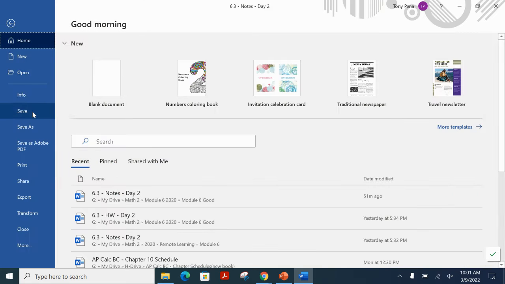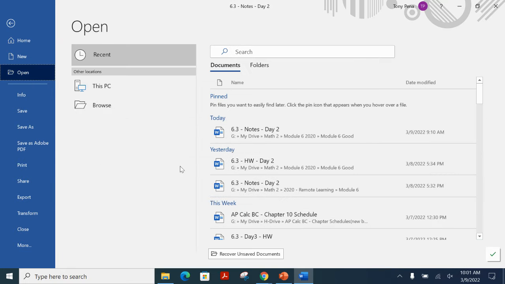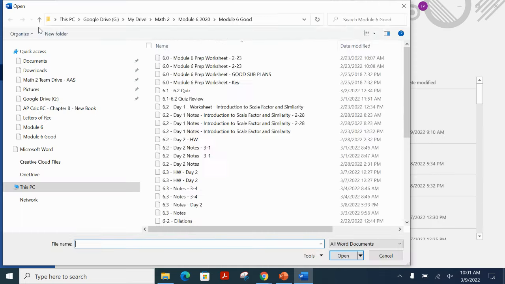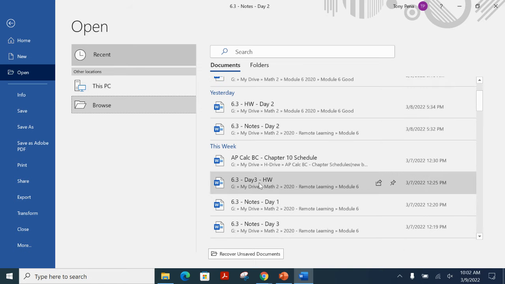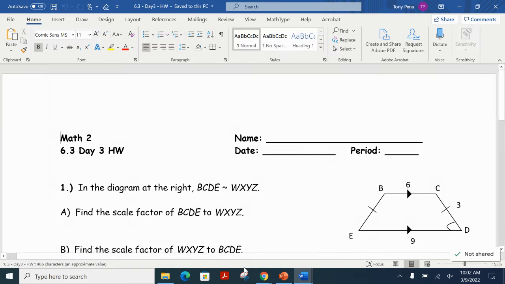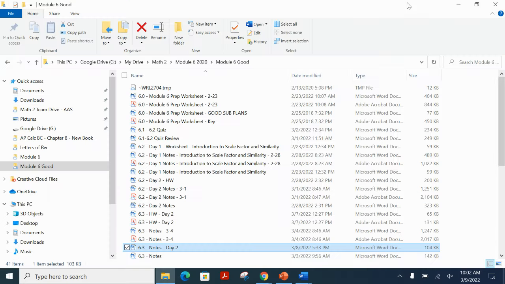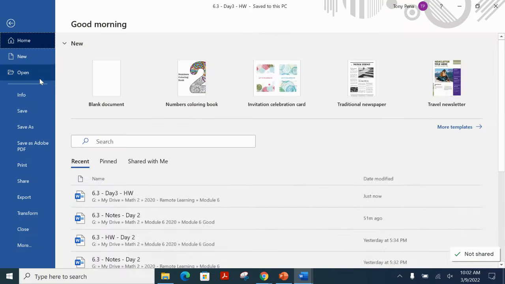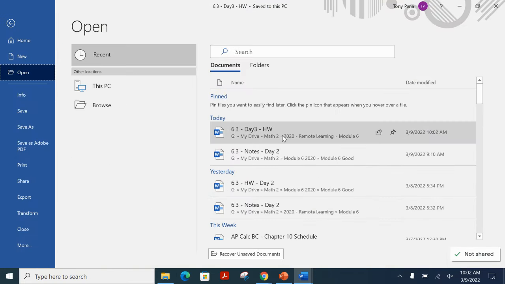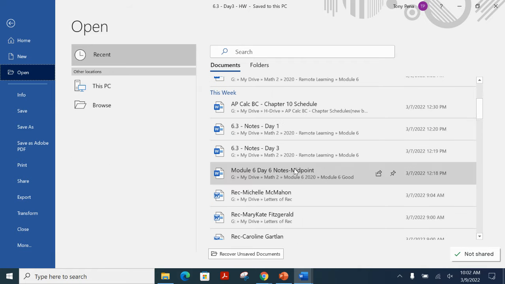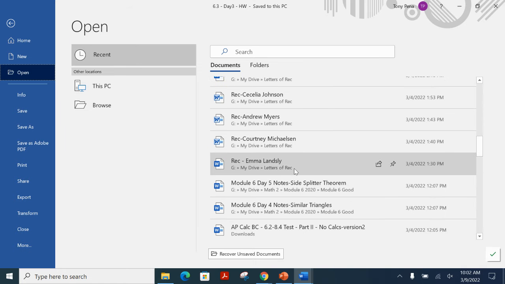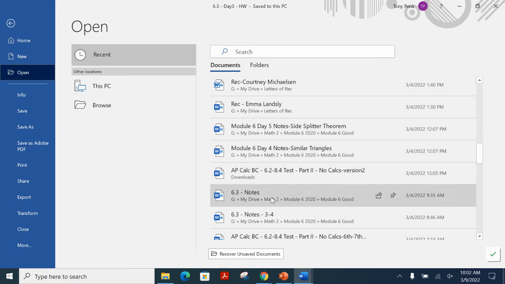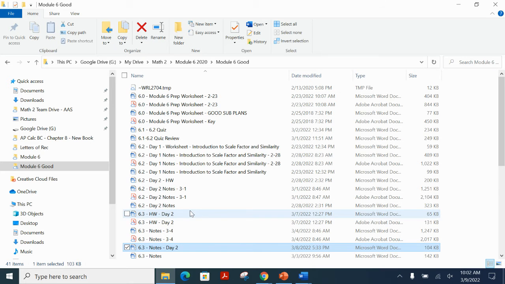Yeah. Let me open it up. I didn't even have it open. I totally forgot about that. Actually, let's not do that. Recent 6.3 homework. No, that's not what I want either. Shoot. Copy. 6.3.